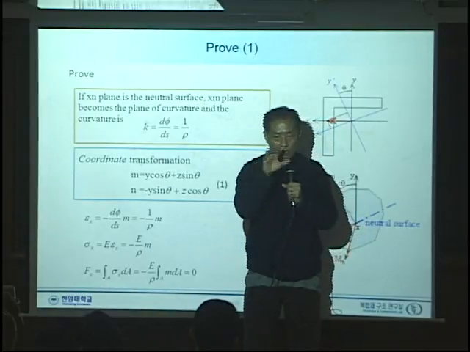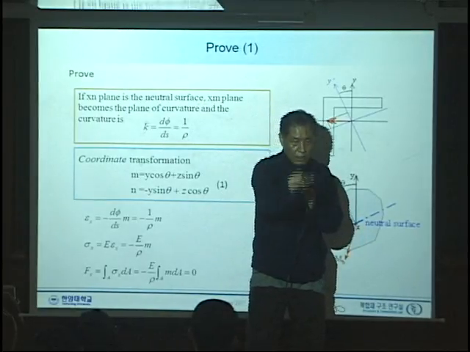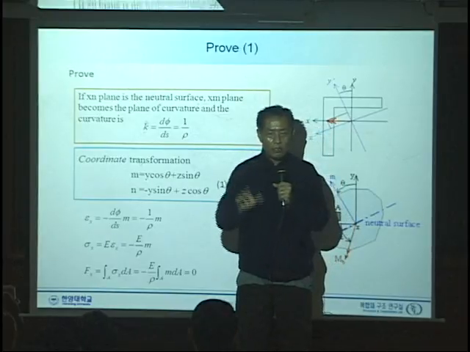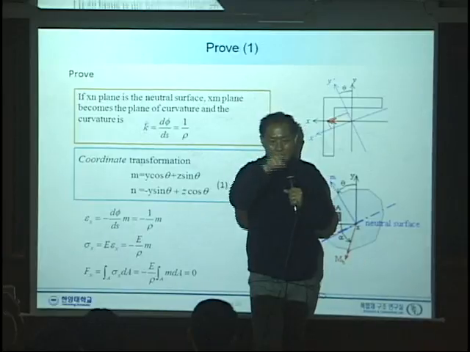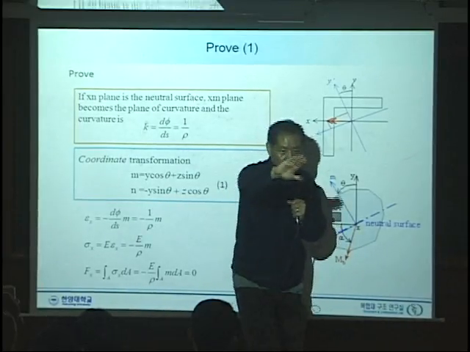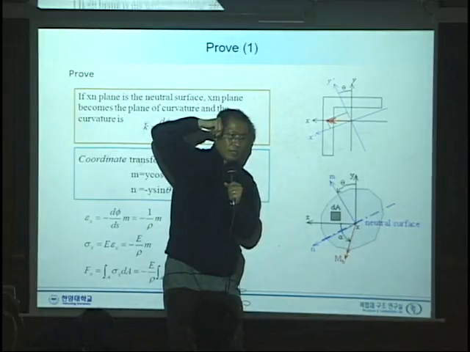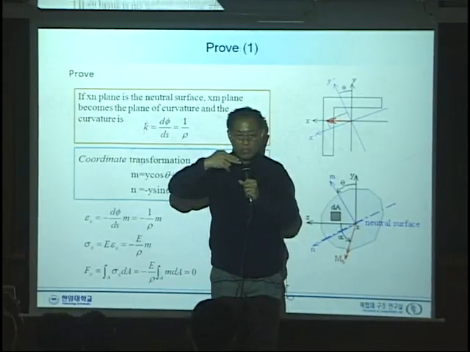But if this cross section is not symmetric, meaning it is triangular and so on, when we apply bending moment, this cross section is bending this way, not this way. Do you understand?